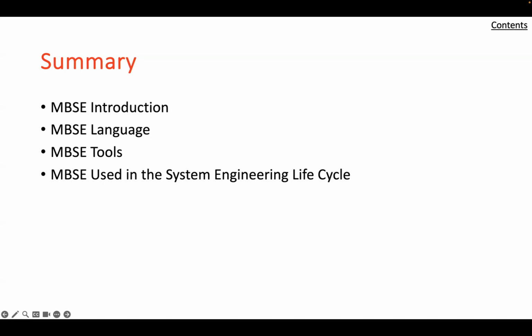For MBSE use in the system engineering life cycle, system models may be used throughout the life cycle of a system. In the early phase, it can help with capabilities, objectives, and the overall system context can be captured. For the architectural development phase, it can help with automated trade studies, requirements compliance, and derived work products. Those all can be developed.